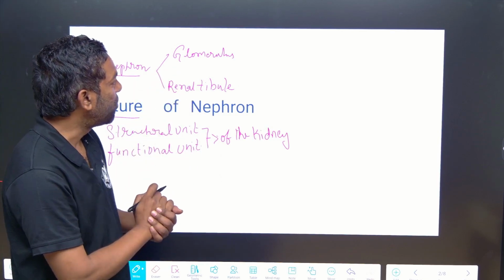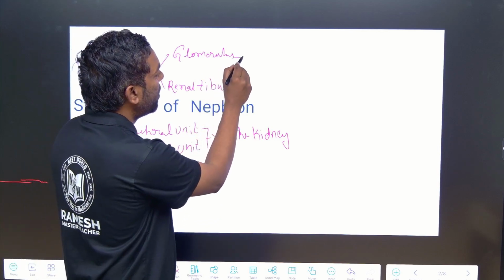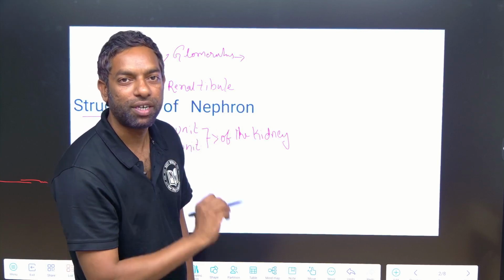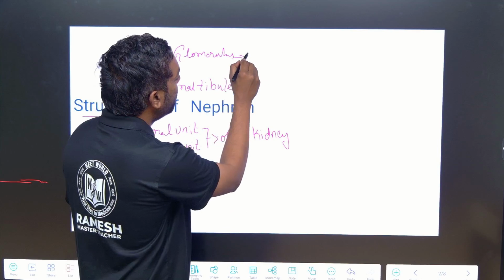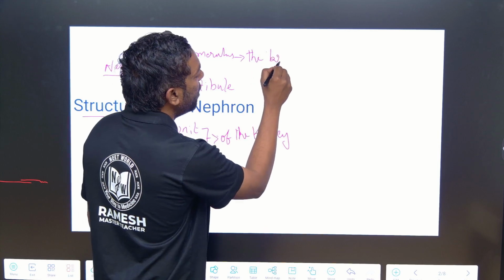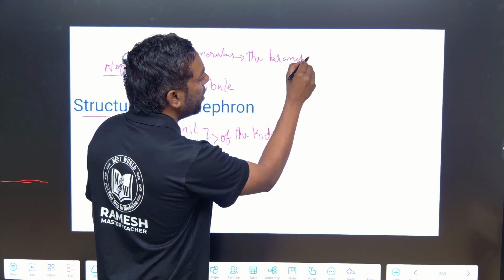Coming to the glomerulus, what is glomerulus? It is a blood vessel, a tiny, fine branch of the renal artery. What is the renal artery?